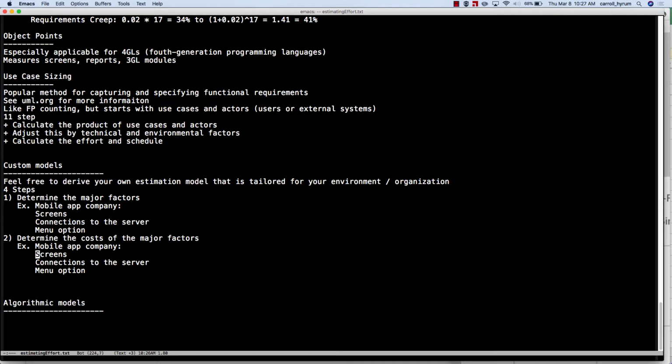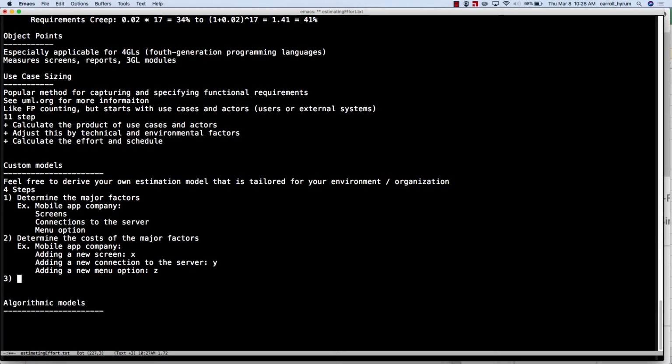And so we might say, okay, adding a new screen has a value of X, adding a new connection to the server, or you could spell that out, is it a bidirectional connection with the server, or are we just pulling from the server? And maybe adding a new menu option, you say, well, that has cost Z.